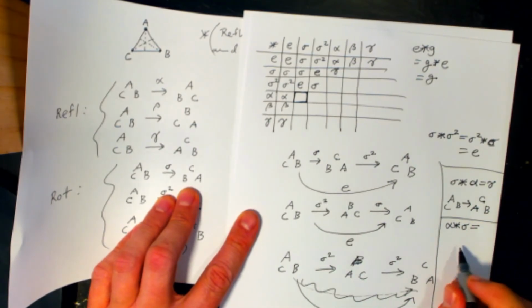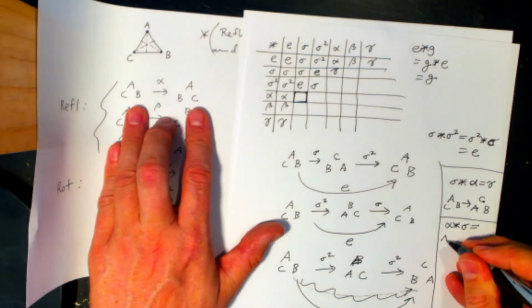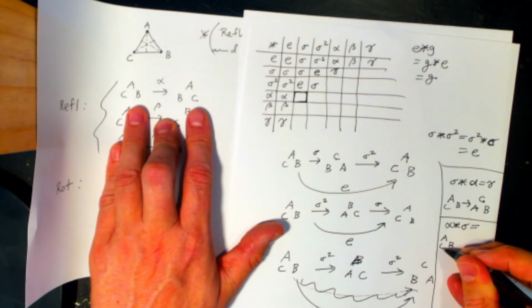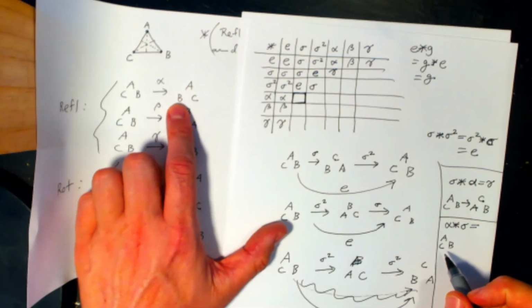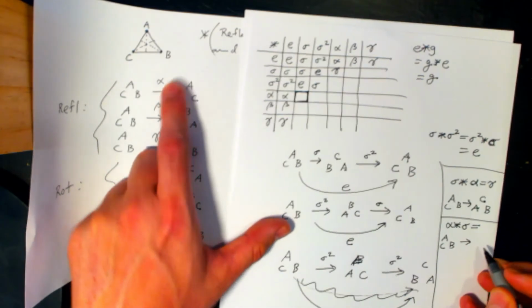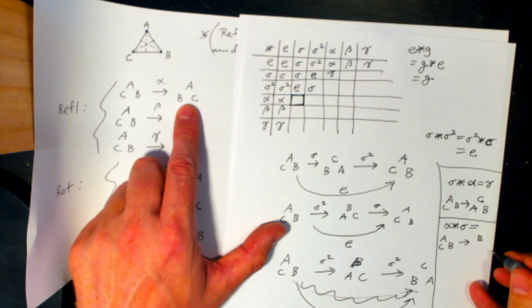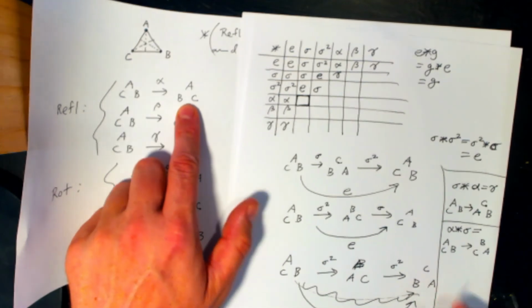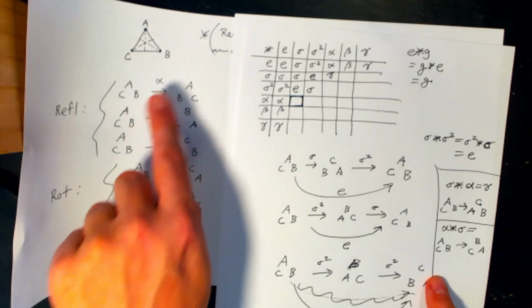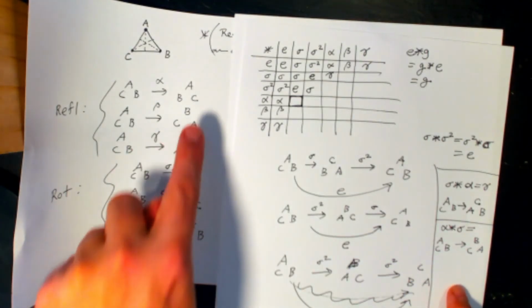So if I did alpha first, then I would be sending ABC to ACB, but now I want to rotate this, so that means I put the B up at the top, and next I have the A down here and the C there. Now I look for which one sends the original triangle to BAC. So where is BAC here?